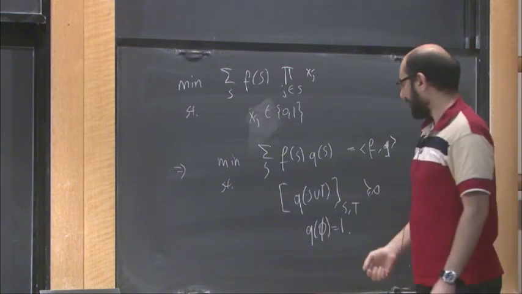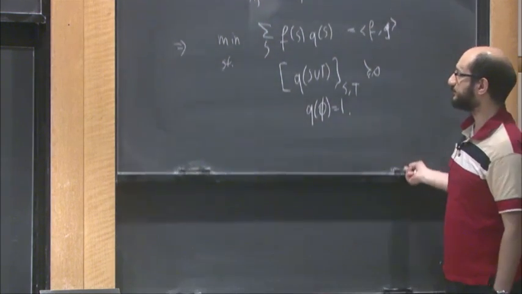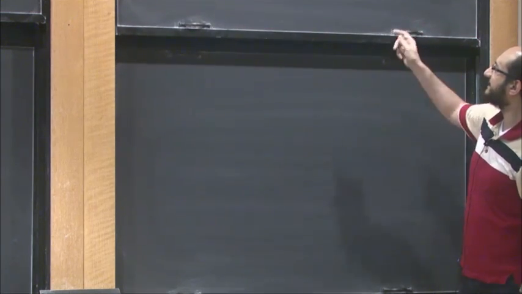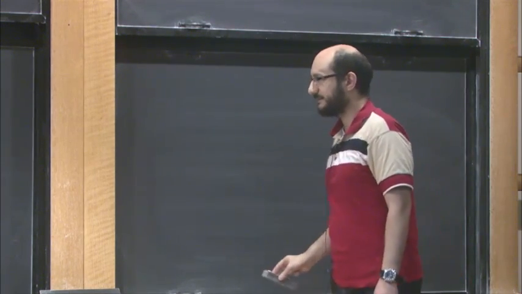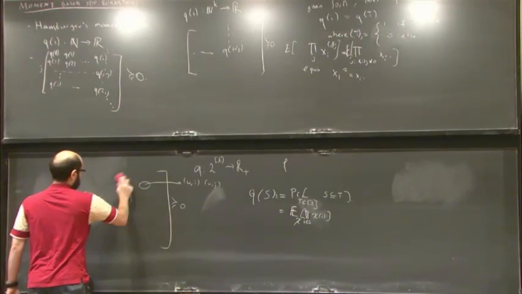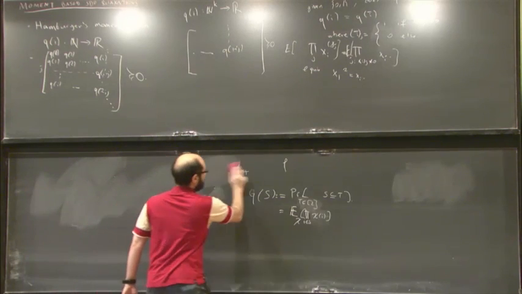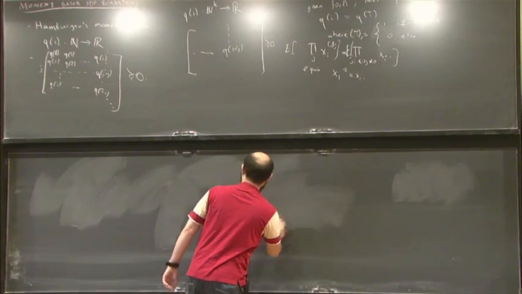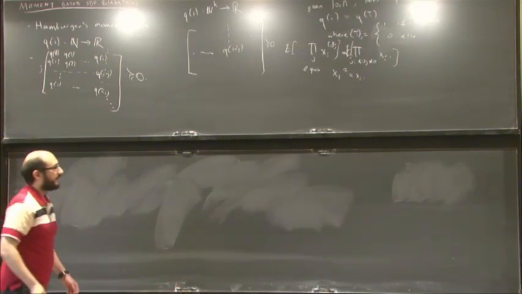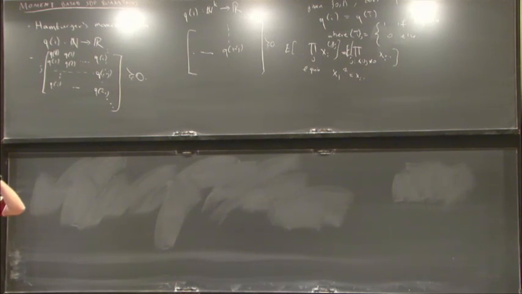And now this suggests, so still the problem has 2 to the n size, so 2 to the k size. But this now suggests a very simple way to obtain a relaxation of size n to the r.